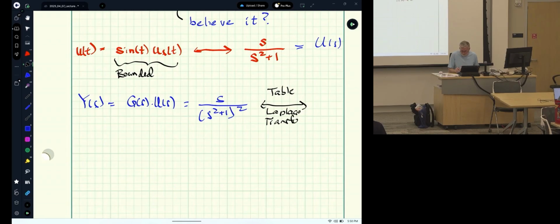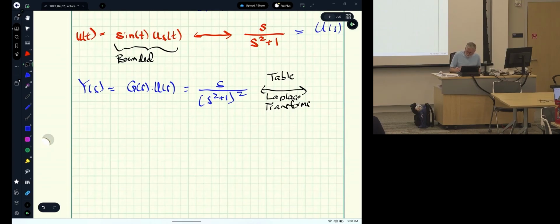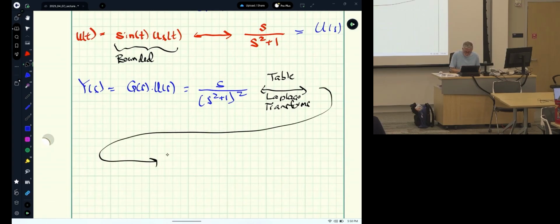I don't expect you to have it memorized because I don't even like to memorize the thing, okay? Your notes are probably better. You'll get y of t is t sine of t times unit step of t, which is unbounded.